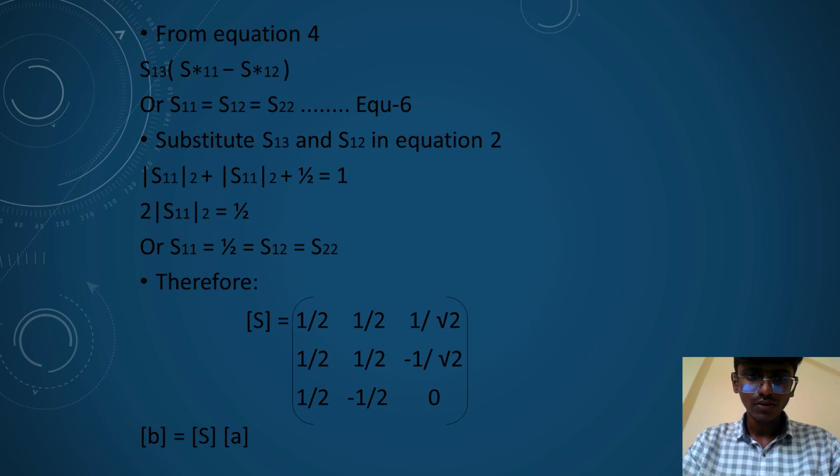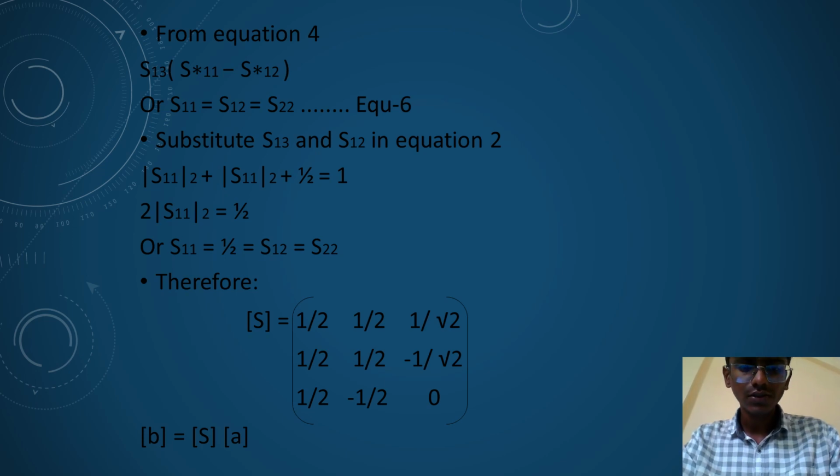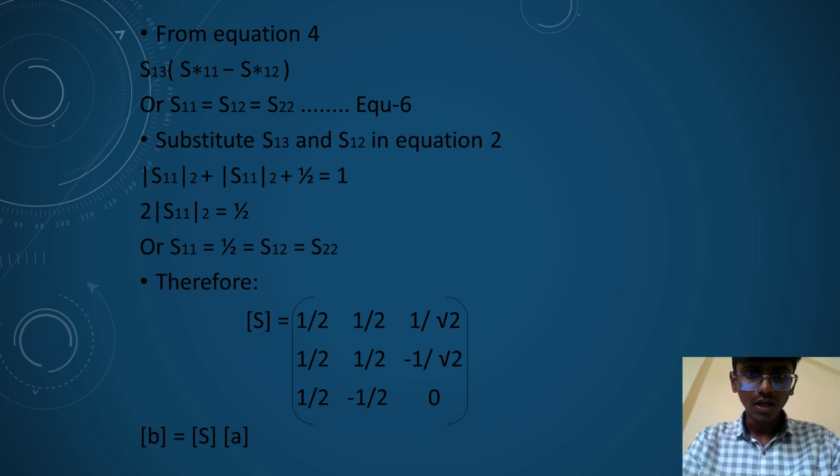So 2 S11 square is equal to 1 by 2, S11 square is equal to 1 by 4, and S11 is equal to square root of 1 by 4, which is 1 by 2. So S11 is equal to S12 is equal to S22, all these three values are 1 by 2.